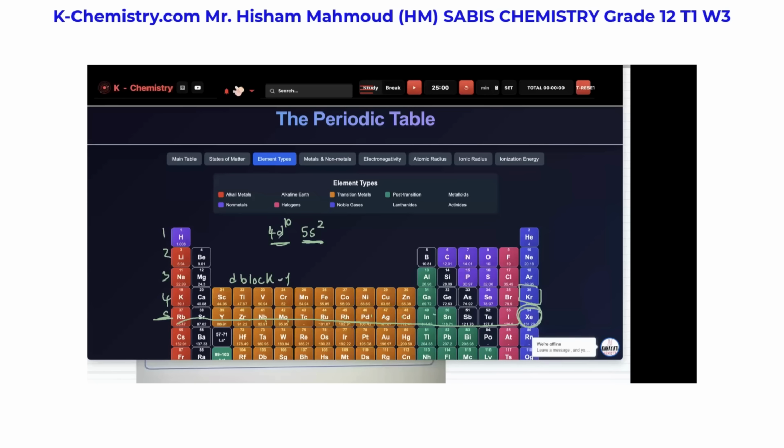In the d block you only minus 1, but when you go to the p block, you return the 1 again. So it is 5p: p1, p2, p3, p4, p5, p6. All noble gases end in p6. That's normal, and it's in the 5th period, so it is 5p.